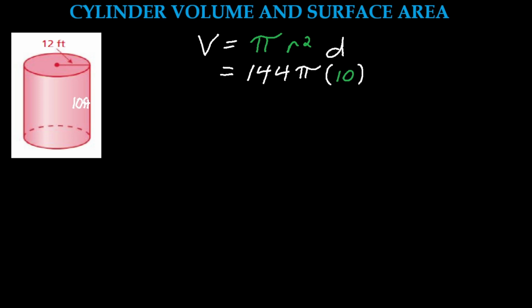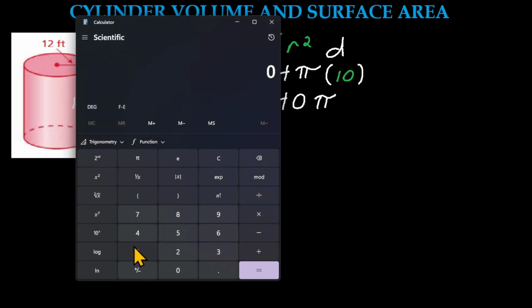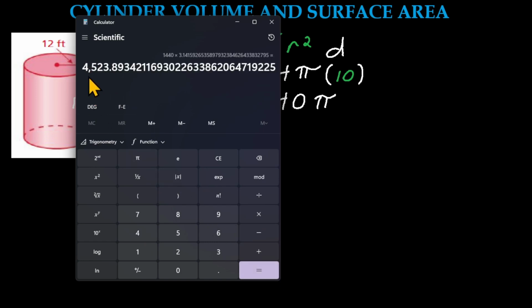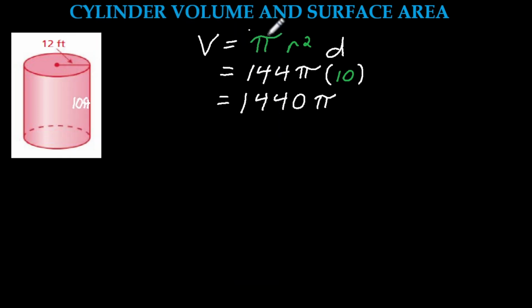Simplifying, I get 1,440 pi. And 1,440 pi using our calculator, we get 1,440 times pi. And rounding to the nearest whole number, we get 4,524. And the units are feet cubed.